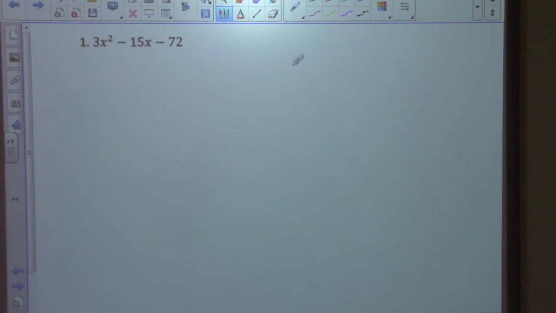Okay, first technique is to find and use the greatest common factor, called GCF.